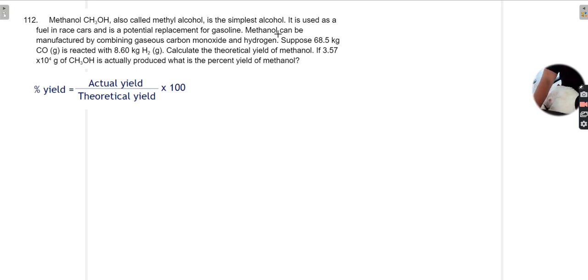All right. So methanol can be manufactured by combining gaseous carbon monoxide and hydrogen. So carbon monoxide, it says gas, plus hydrogen, so that's H2 gas, can be used to make CH3OH.